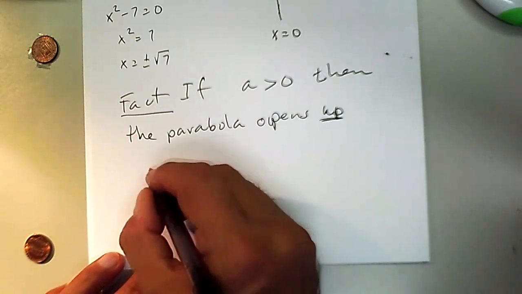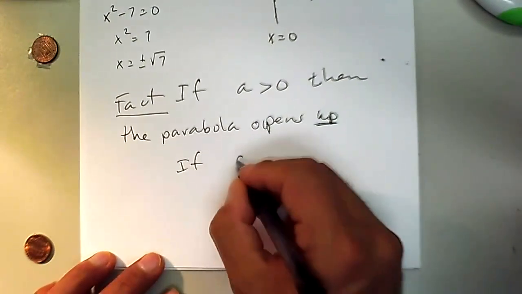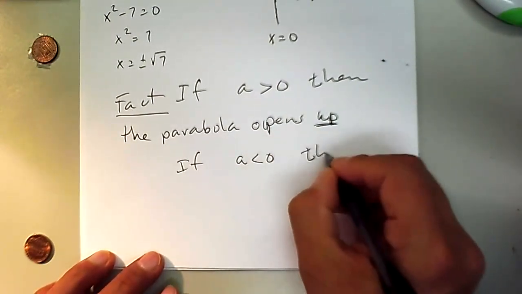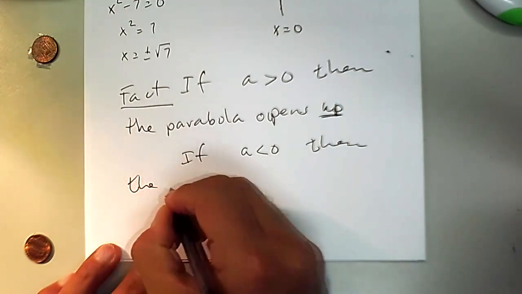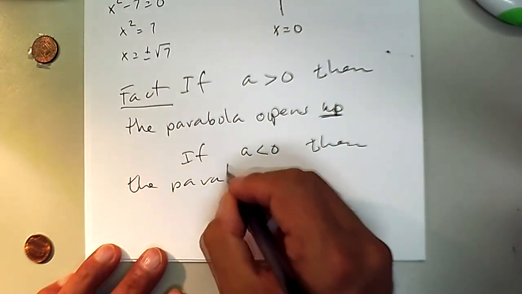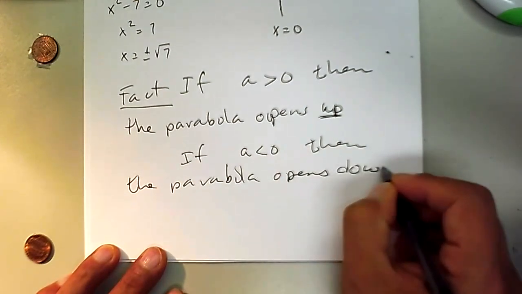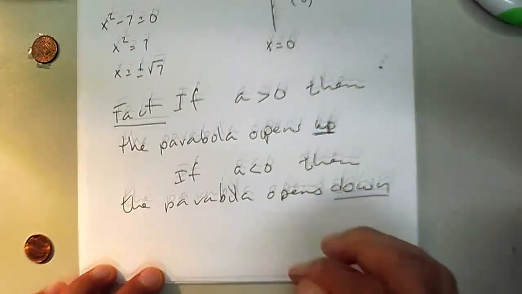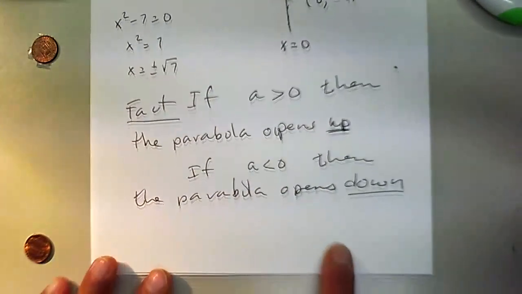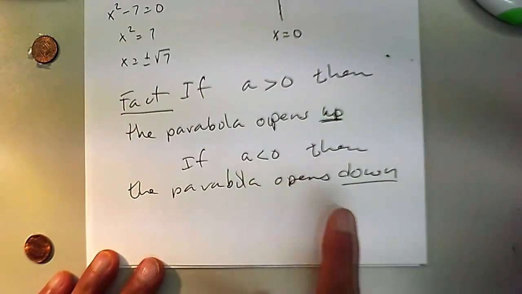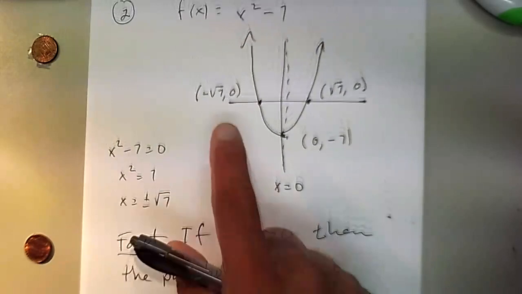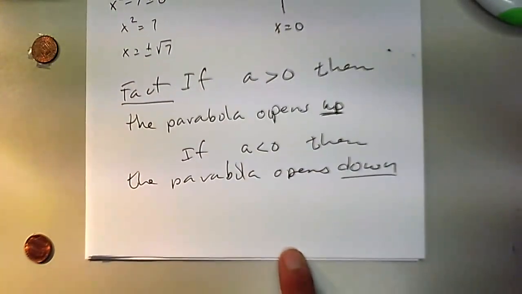If, on the other hand, a is less than 0, then the parabola opens down or downward, either way. So not that, the other way. Right now we're just going to look at two parabolas, either opening up or opening down.